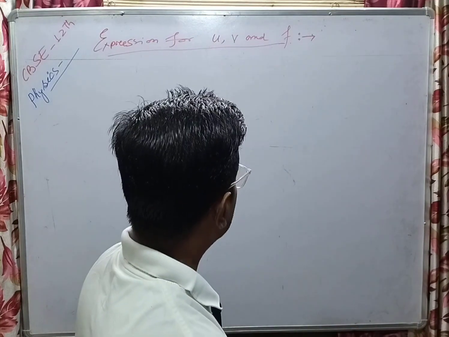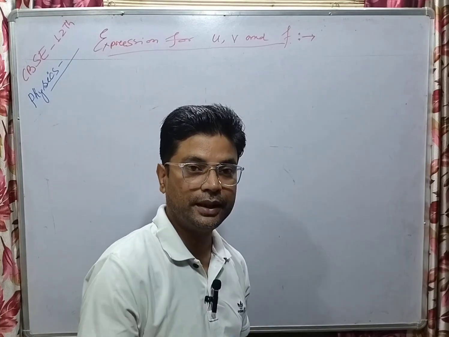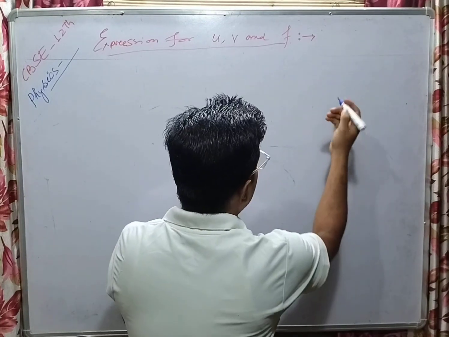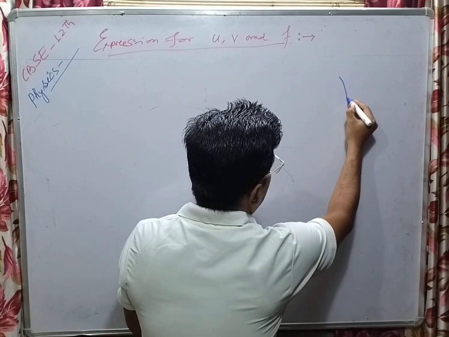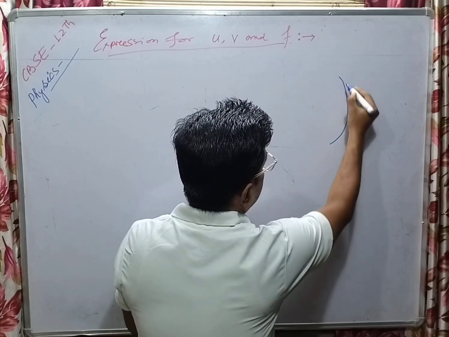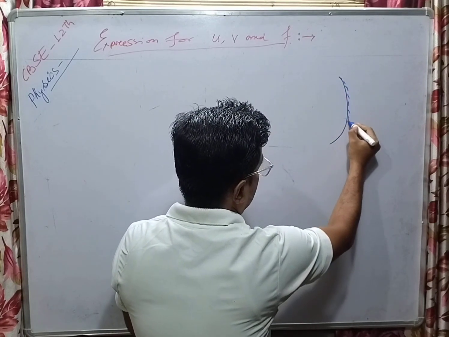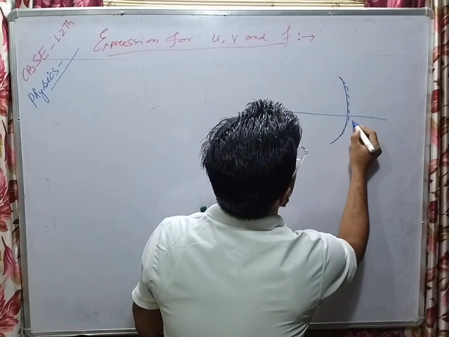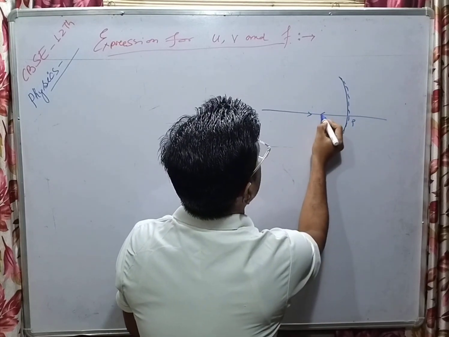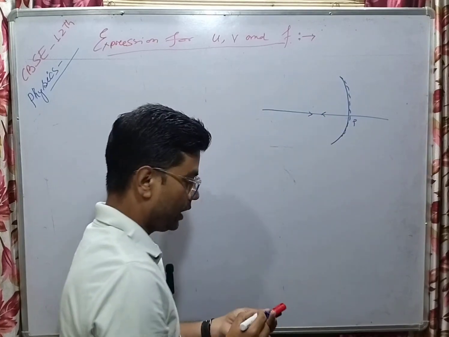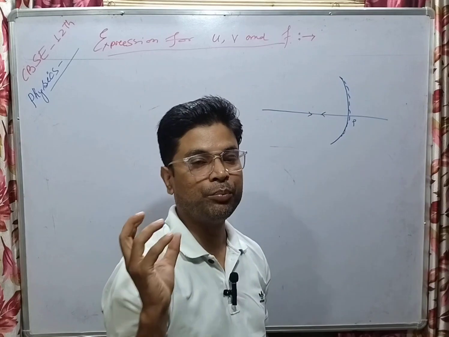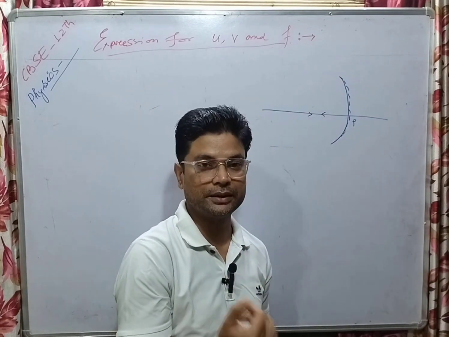I am going to consider a spherical mirror, that is a concave mirror. Here is the concave mirror, and this is the pole. Now I am going to consider a point object on the principal axis.